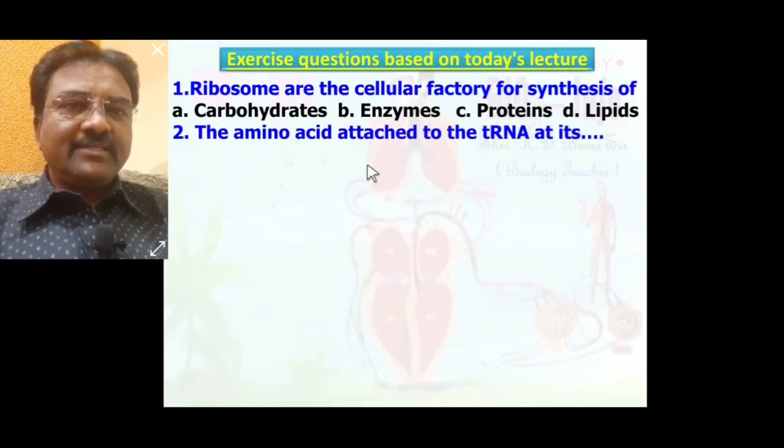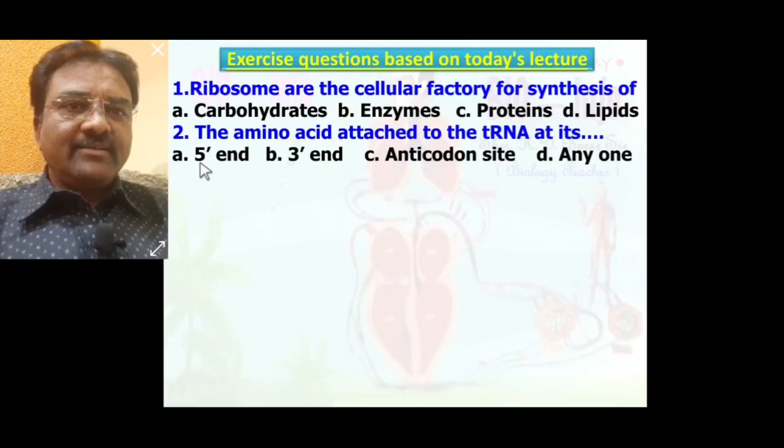Second MCQ: the amino acid is attached to the tRNA at its 5' end, 3' end, or anticodon site? The correct answer is B, the 3' end.